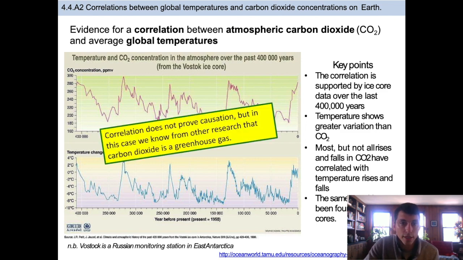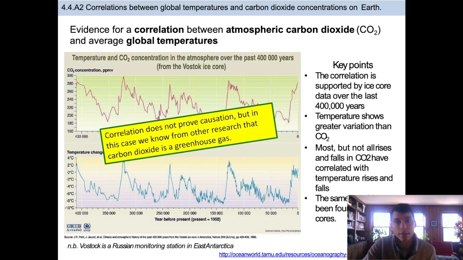Again, correlation does not necessarily prove causation, but when we combine that with what we talked about last time, which was greenhouse gases, and the fact that carbon dioxide in and of itself is a greenhouse gas, that tells us that this is most likely a causal relationship.